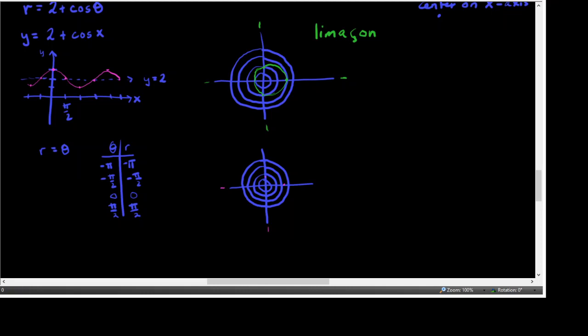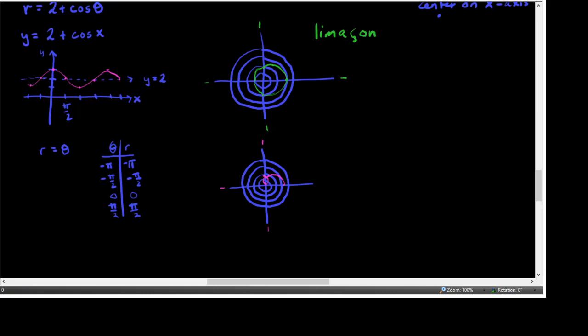And 0, 0. So what's happening as we go from negative pi to negative pi over 2, we're getting values that are going like this. And then we're getting values that move towards 0. Like that. Then at pi over 2 here, we're out at pi over 2, which is the same place we just were.